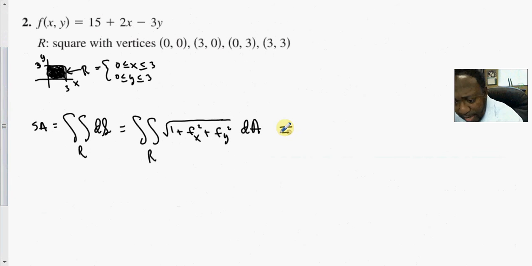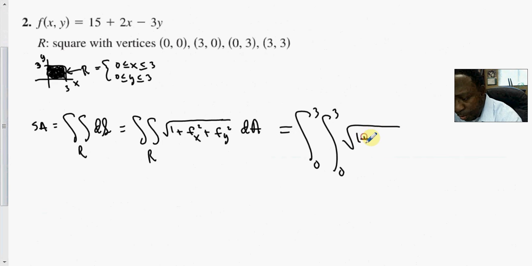So we break this down. So this is the integral from 0 to 3, the integral from 0 to 3 of the square root of 1 plus, here the partial of f with respect to x is 2, and the partial of f with respect to y is negative 3.